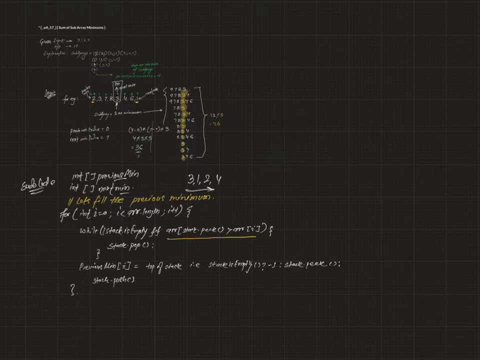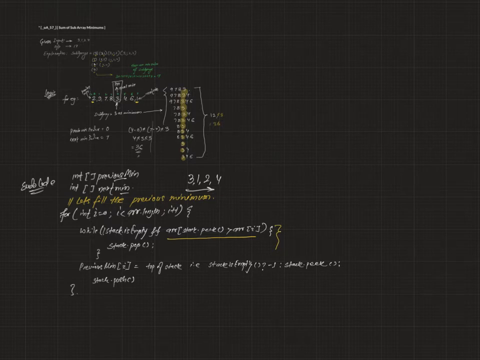So we remove the top of the stack, and we will keep doing that because it could be possible that the current is the minimum for the others trapped inside the stack. That's why we have the while loop, and this is the very generic code for the monotone stack.